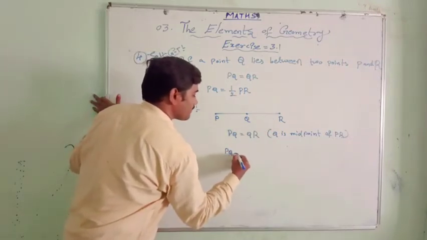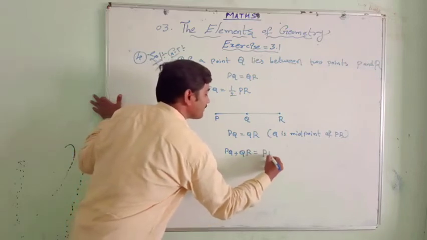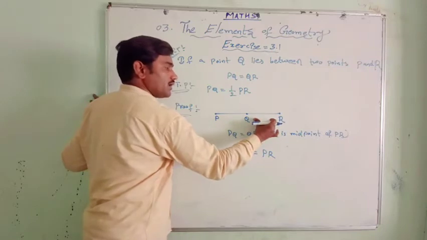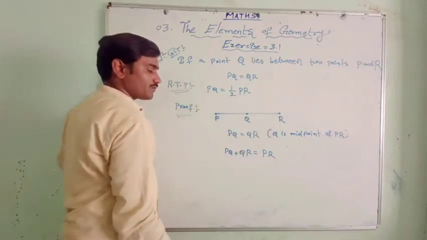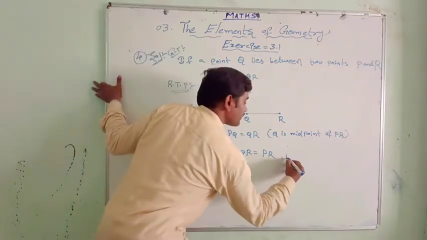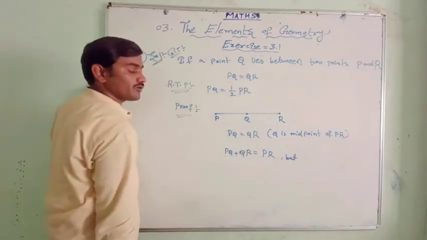PQ plus QR is equal to PR. PQ plus QR is equal to what actually? PR. Yes or no? But we know that PQ is equal to QR.